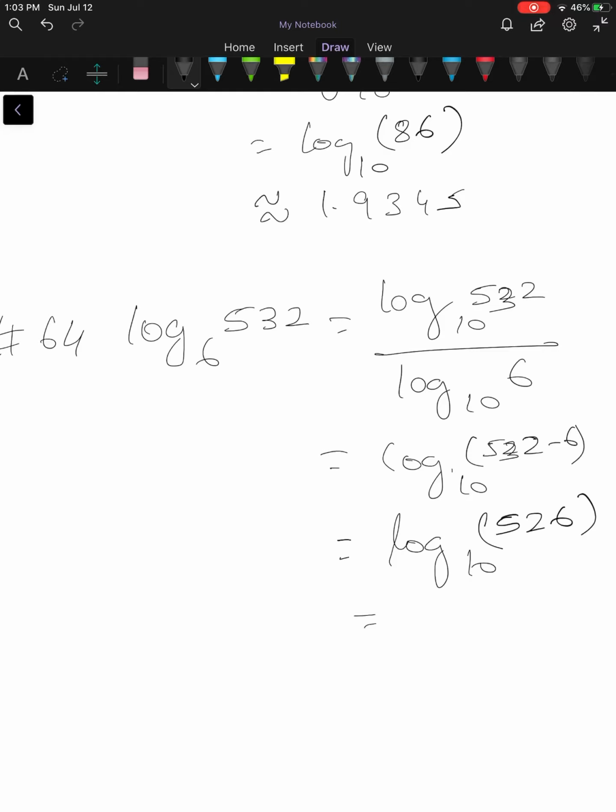You can use a calculator to calculate this logarithmic value, which will be approximately 2.72916. So this is how you evaluate logarithmic values for different bases by converting the bases to either common logarithmic values or natural logarithmic values, and you can calculate that using a calculator.